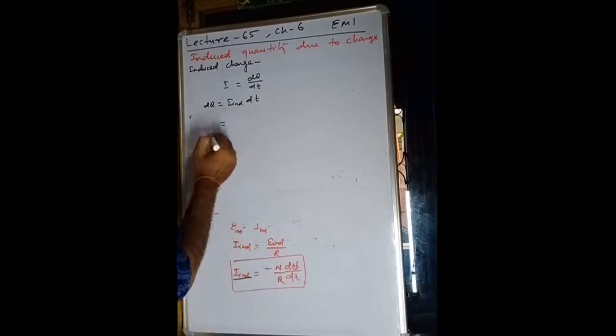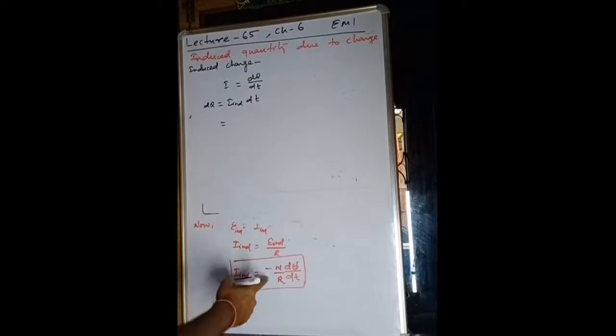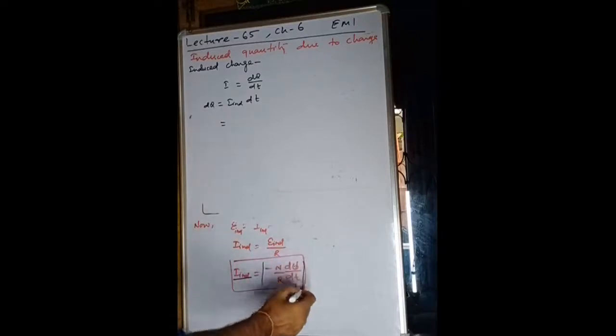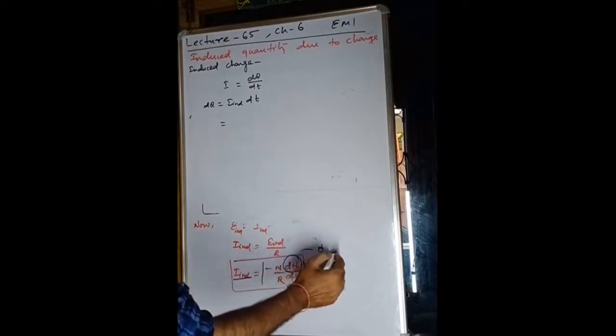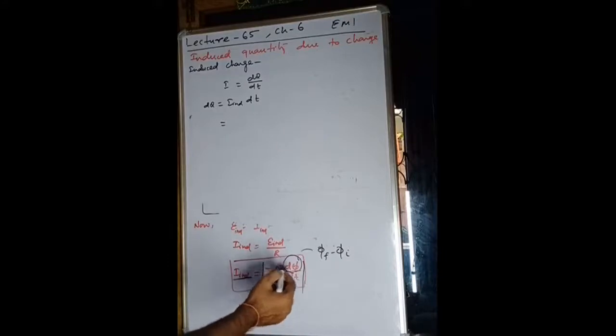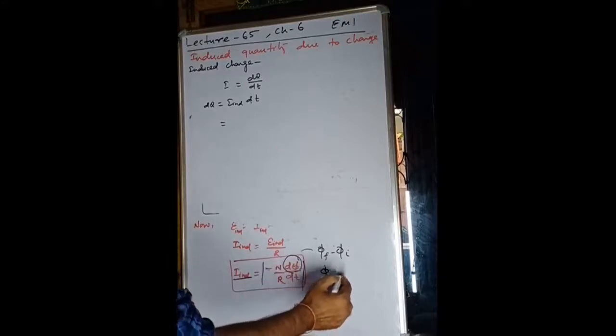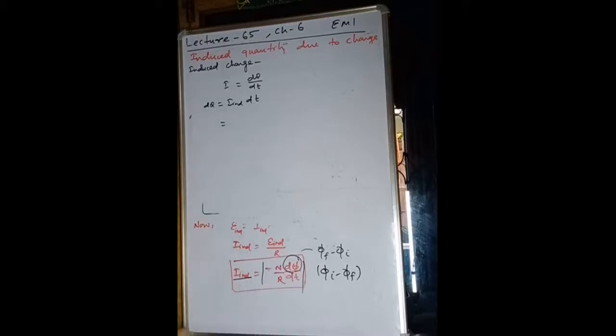So this can be written in terms of the magnitude, or the change in flux here. If d phi is phi final minus phi initial, then this negative sign will change it to phi initial minus phi final. You should be conceptually sound, my dear students. Never get confused with this negative sign.